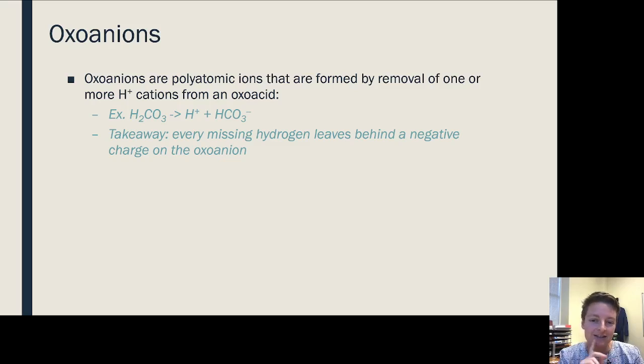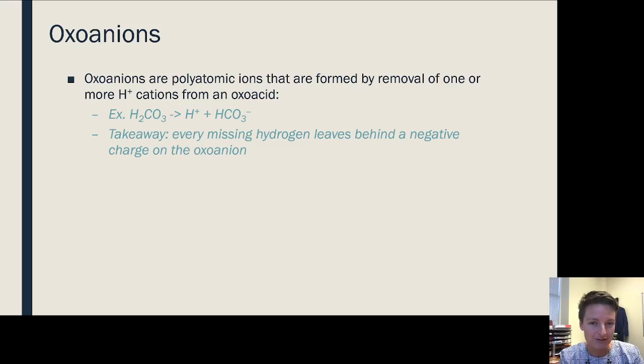HCO3-. So notice this pattern. In our oxoanions that we're about to start naming, every missing hydrogen leaves behind a single negative charge on the oxoanion. If we took away a second H+ from HCO3-, we'd be left with CO3 2-.